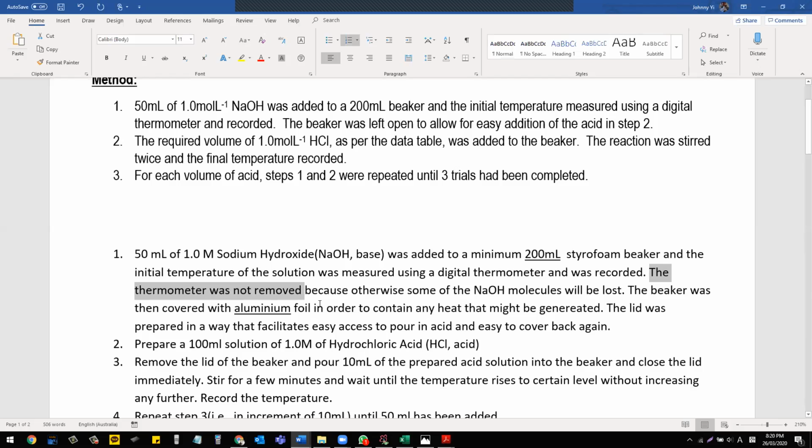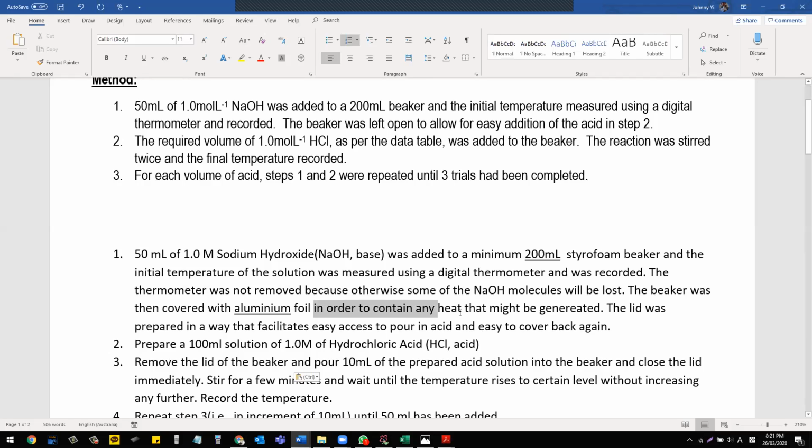I added this bit because otherwise some of the NaOH will be lost. If you stick the thermometer in and then remove it, some of the NaOH will be gone, so we don't want that to happen. The beaker was then covered with aluminum foil. Any kind of foil is fine because we want to contain as much heat as possible. We don't want any heat to be removed.